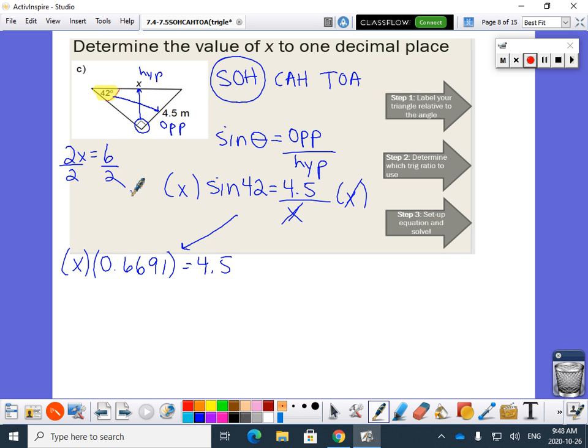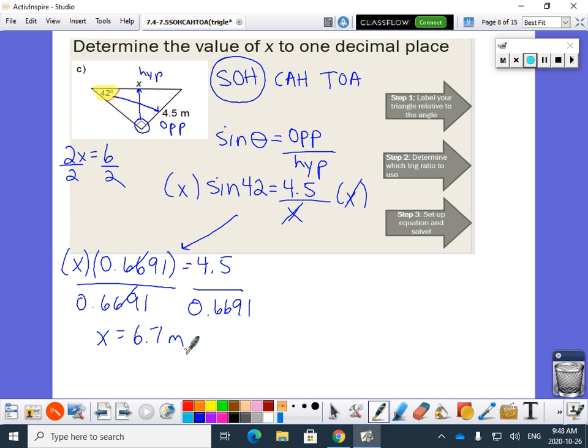So if x is being multiplied by this number, how do I get x by itself? Divide it by what? Good job. And if I do it to this side, then I have to do it to this side. Crosses out. X equals 4.5 divided by 0.6691 in your calculator, and you should get 6.7 meters, to 1 decimal place. 6.7 meters, because that's our unit.